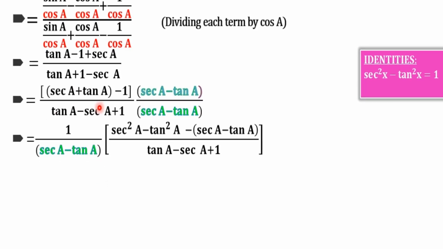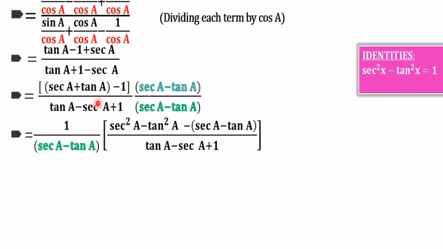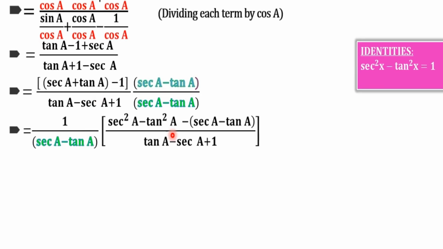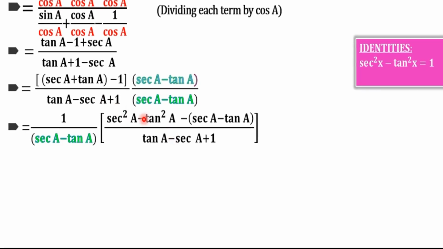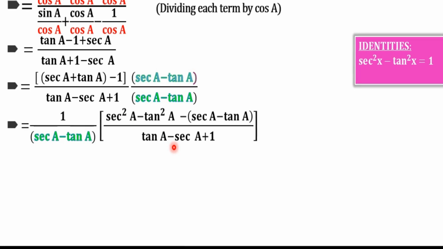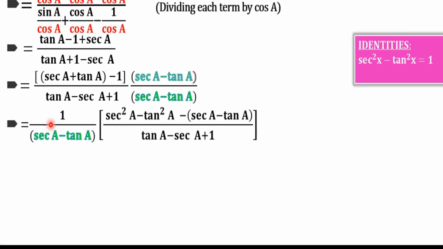Next, what we have to do is cancel each and every term here so that it becomes 1, and 1 by (sec A minus tan A) into 1 will give our RHS. So we have to cancel each and every term here.